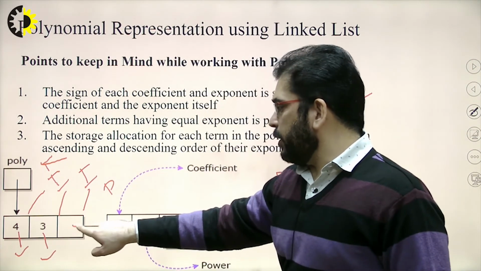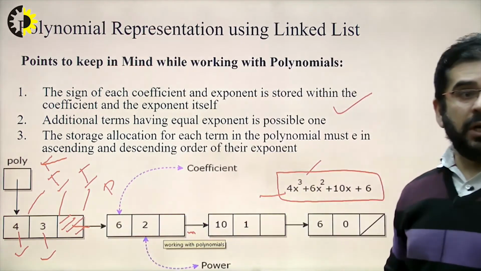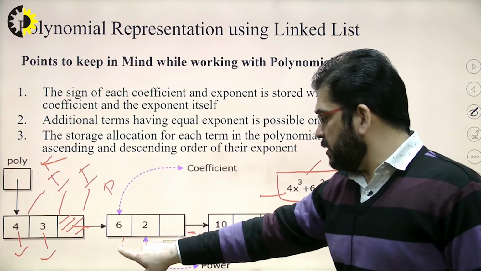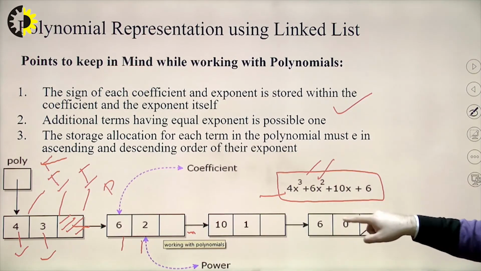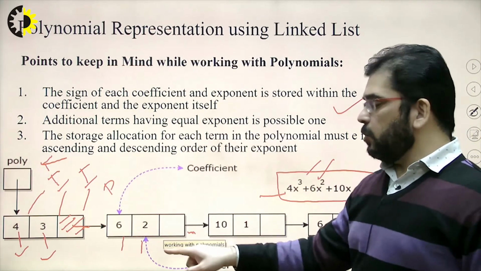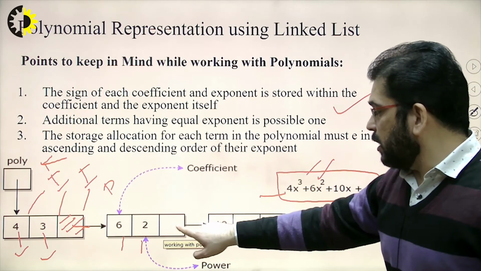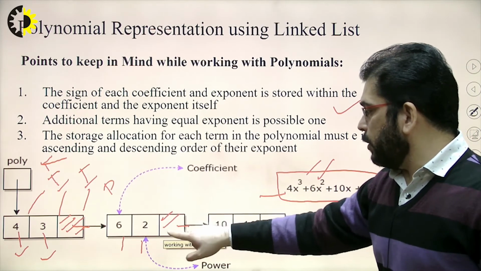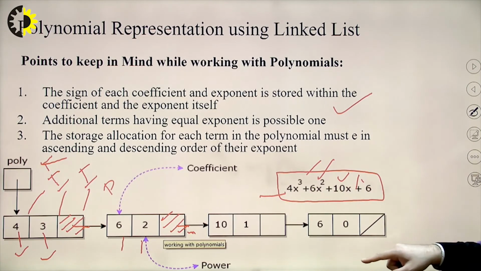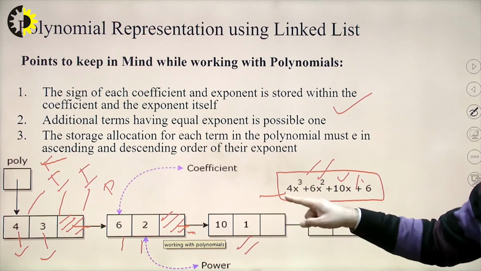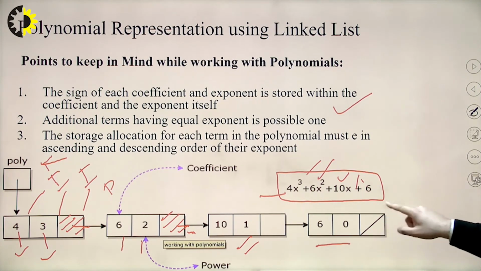And a next pointer, which points to the next node in the list, contains the details of the second coefficient and exponent, which is 6x square. So it stores 6 and 2 as the next coefficient and exponent, and again the next pointer will point to the third node. Similarly 10 and 1, 10x raised to power 1, are stored inside this third node, and the last one 6 plus x raised to power 0.